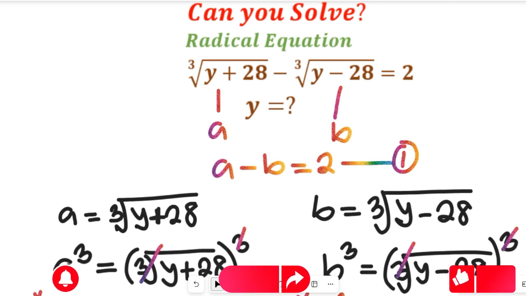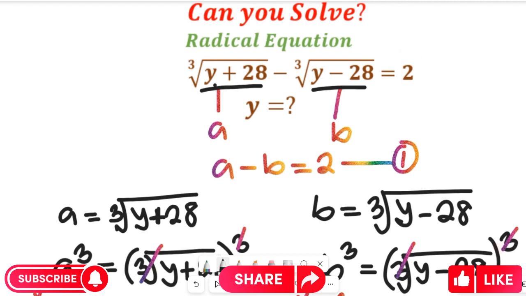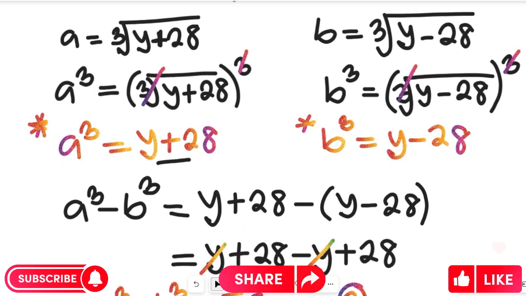So take the value of 36, add it to 28 and find the cube root. Take the value of 36, subtract it from 28 and find the cube root. If you subtract this other part from this part and it gives you 2, that means that our solution method is absolutely right.